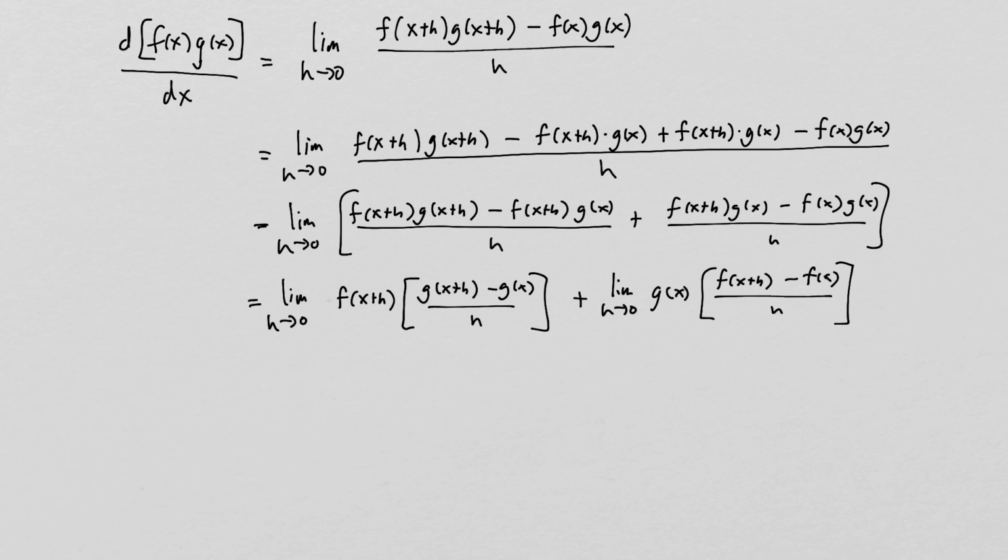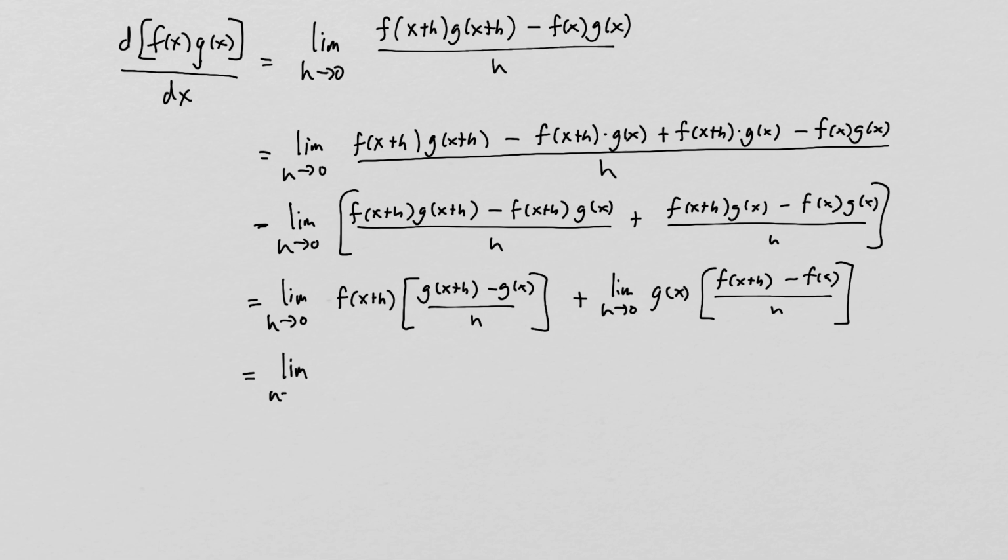Now, since f is a differentiable function and g is also a differentiable function, I'm going to apply this limit to each of these, and then I can evaluate each of those limits very easily.